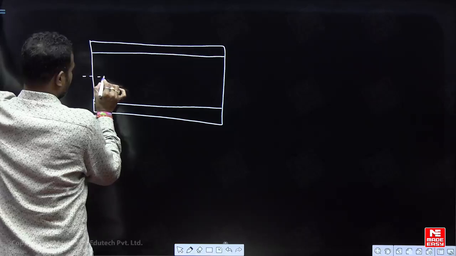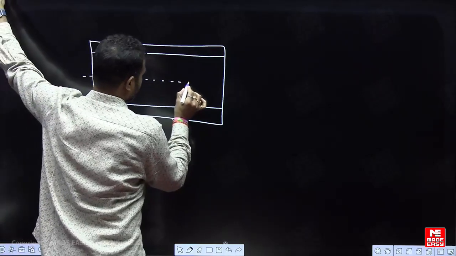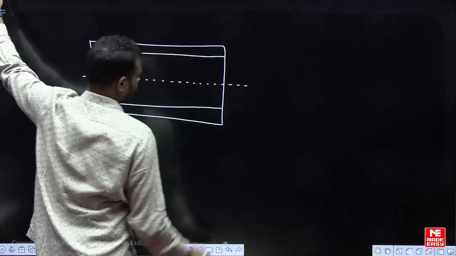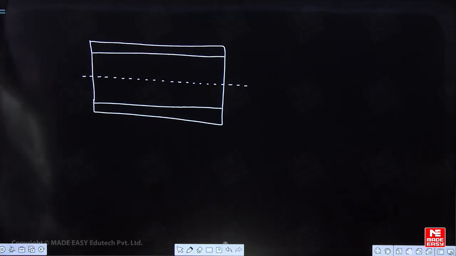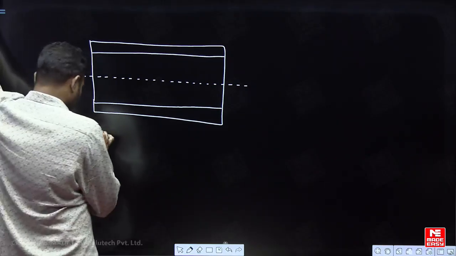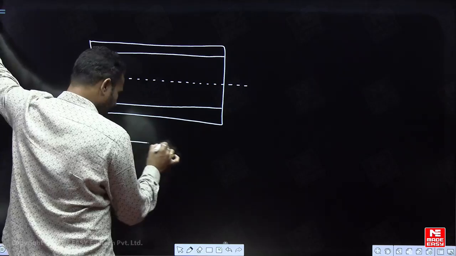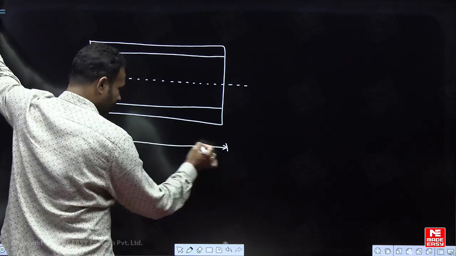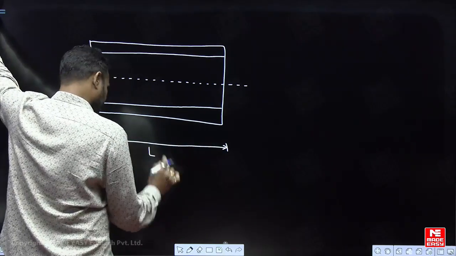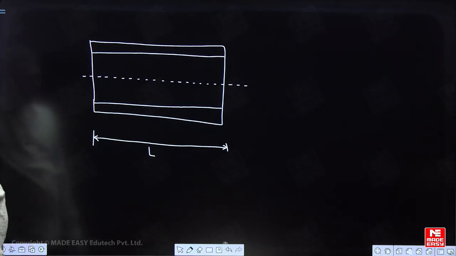Now this part is the axis of the fiber, the center of the fiber, please concentrate, and this is the length of the fiber. The length of the fiber is given as L, capital L.